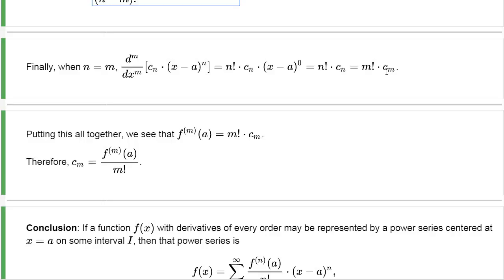That's the only time you don't get 0. So the mth derivative of that Taylor series, which is the mth derivative of the function because they're equal, is m factorial times the mth coefficient. And that means you divide both sides by m factorial. The mth coefficient has to be the mth derivative of the function, plug in the number a, divide by m factorial, and that's it.